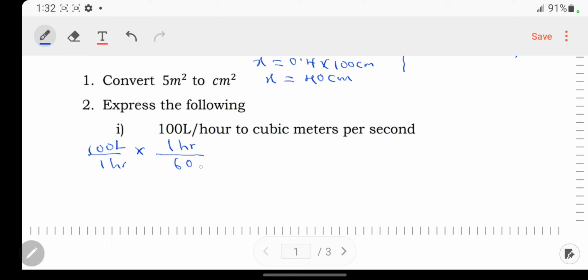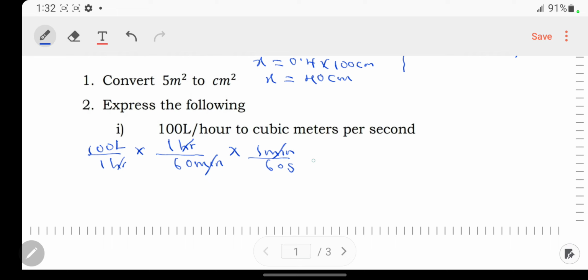It's 60 minutes. So as you can see, the hour will go, we have converted the hour. Now this minute, we need to also convert into seconds. Since the minute is down here, we are going to put it up. So we have 1 minute over 60 seconds. So this minute and this minute will go. Then we are remaining with the unit of interest, which is the second. So we have converted it into seconds.